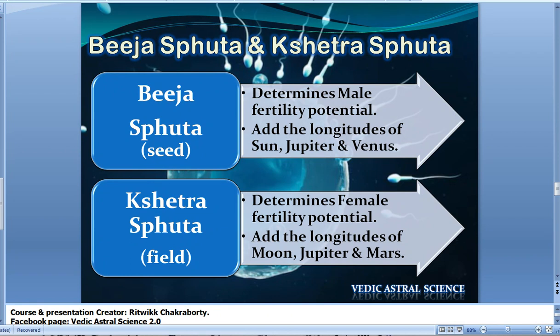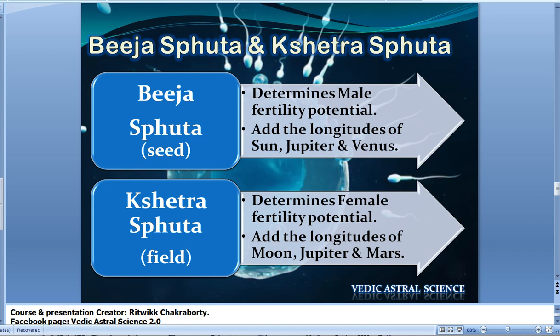Alright friends, I have changed the slide. Here you can see that Beeja Sphuta indicates the male fertility potential and Kshetra Sphuta indicates the female fertility potential. To find out Beeja Sphuta, we need to add the Surya Sphuta, Guru Sphuta and Shukra Sphuta. This is for a male native. For the calculation, you need to add the longitudes of Sun, Jupiter and Venus respectively.